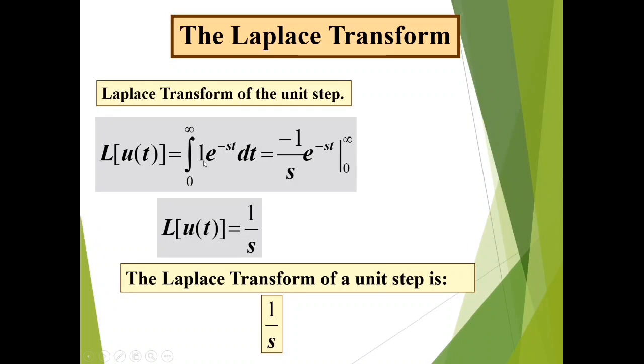So, we write 1. So, when we integrate, we'll get minus 1 by s e power minus st, and the limit is from 0 to infinity. So, when we apply the upper limit and the lower limit, we'll get the answer 1 by s. So, the Laplace transform of a unit step is 1 by s.